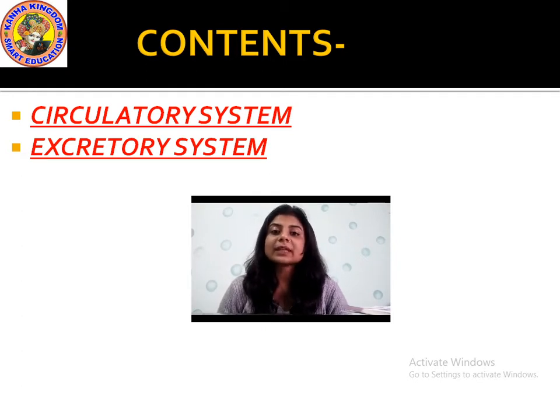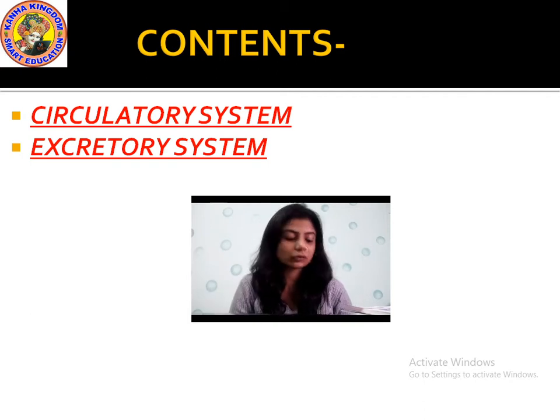These organs are divided into many organ systems so that the functions of the body can be performed well. If the functions of the body cannot be performed well, then we might face some problems.